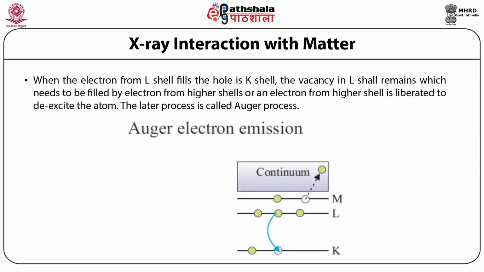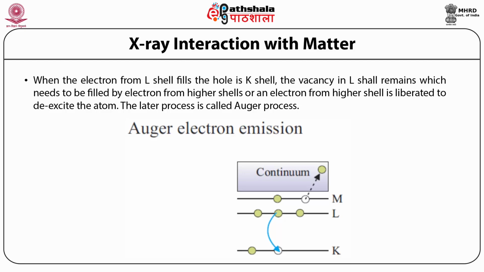Now as we have seen in the last process, in the case of photoelectric emission, an electron was emitted from the K shell, and now when the atom is de-excited, an electron from a higher level, say L, will come to K. As a result of this de-excitation, instead of the emission of a photon, just like in the case of fluorescence, an electron is emitted.